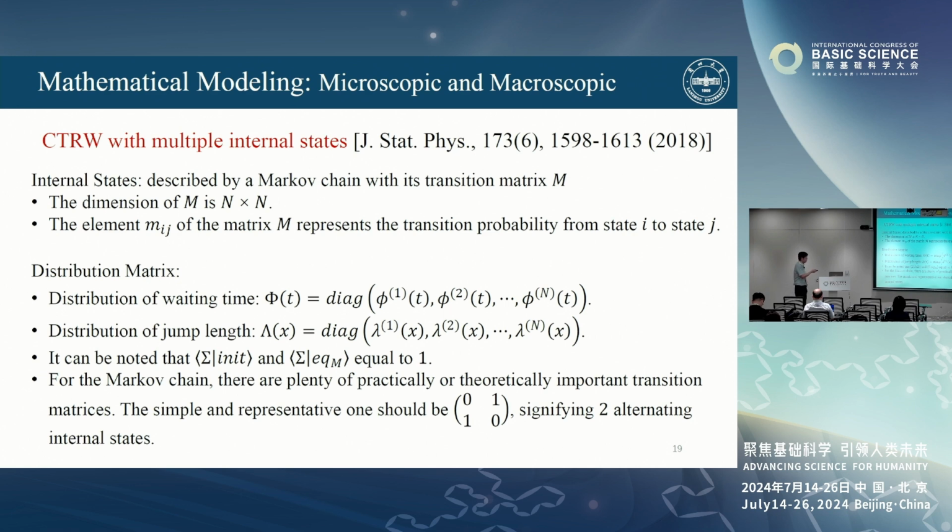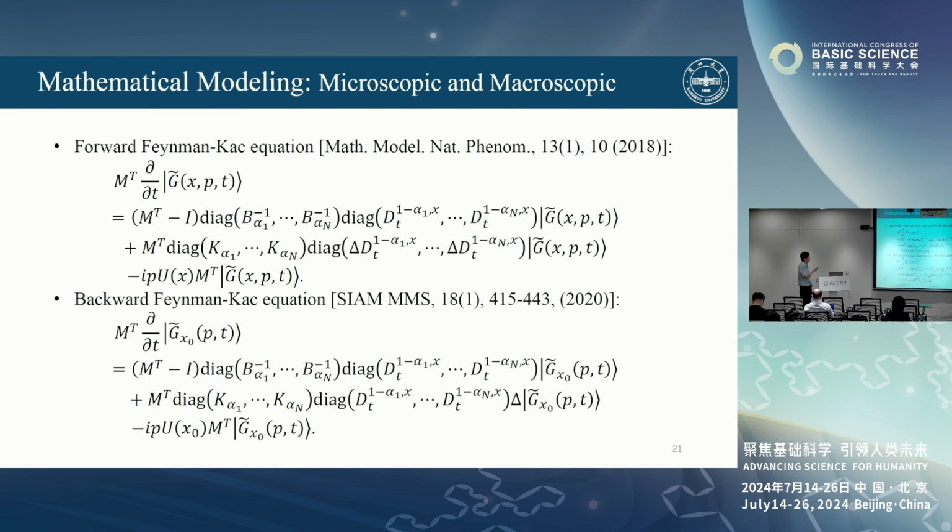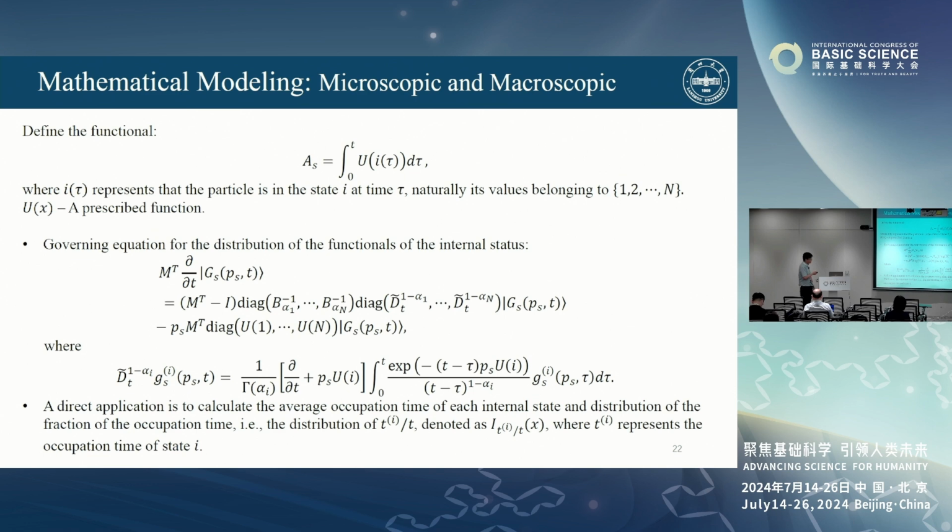Now the equation is a system, not a scalar equation. So you can derive the Fokker-Planck equation, and also the forward Feynman-Kac and backward Feynman-Kac equations. And also you can discuss this kind of functional. We can consider, for example, how long it stayed in a particular state.